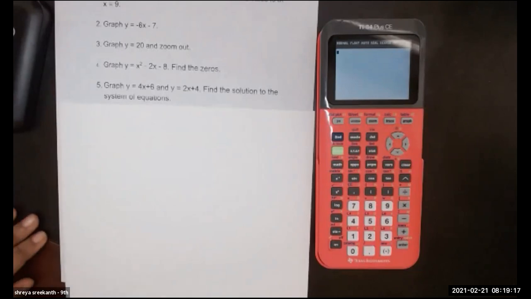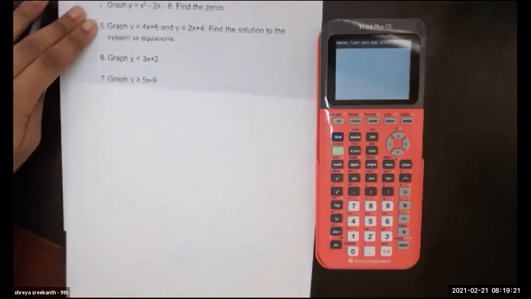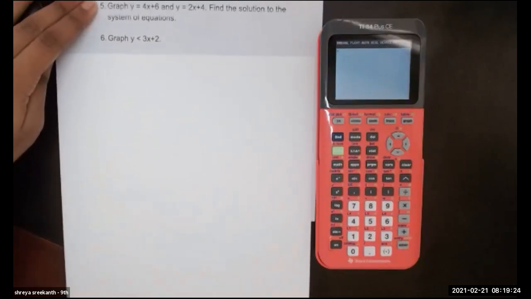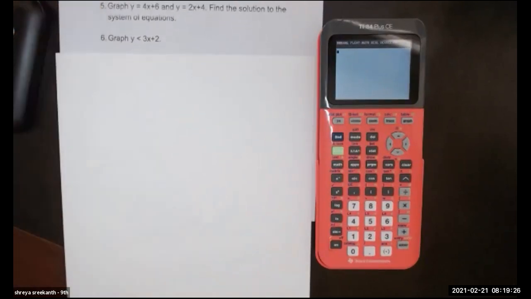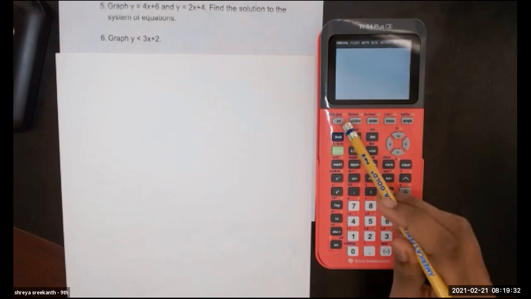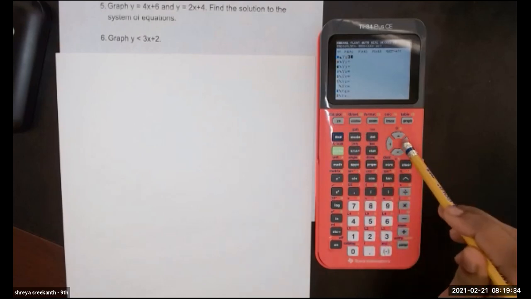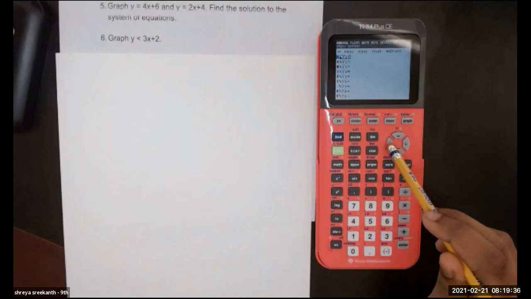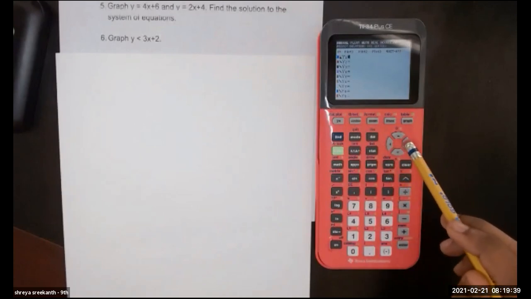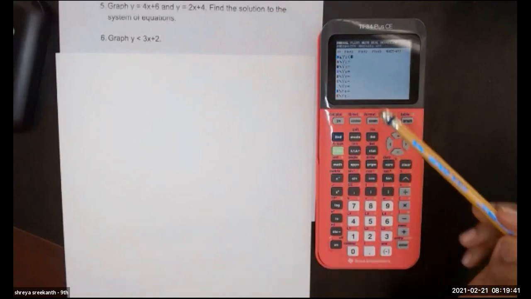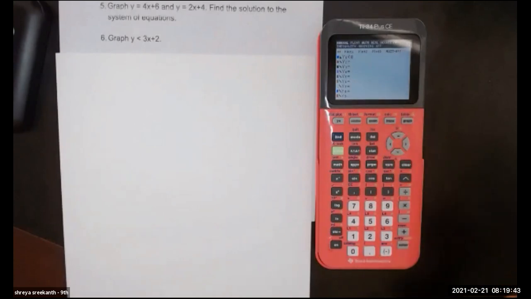We can do some practice inequalities so you can learn how to use it. So we'll graph y is less than 3x plus 2. To graph the inequality, you go here. We can clear that. Since we already have the inequality symbol, we don't really need to change it.